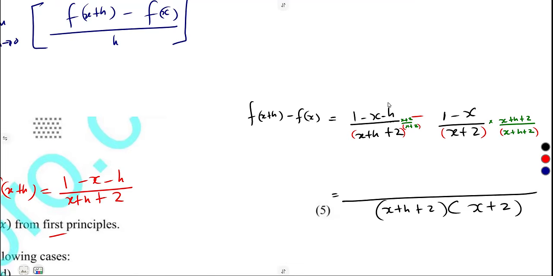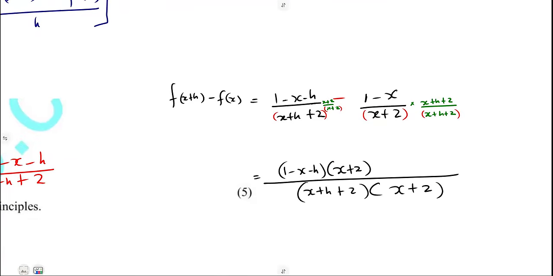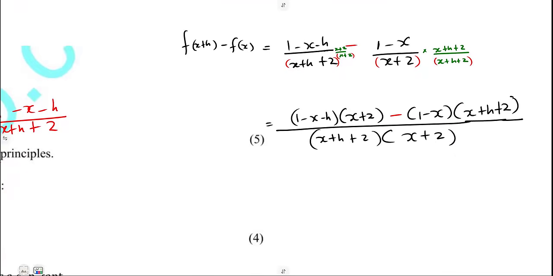So we just take the numerators as they are. That's 1 minus x minus h into x plus 2. Okay, minus, there is a negative. Then we take the numerators as they are, so that is simply 1 minus x into x plus h plus 2, like this. So that is what you're going to have from the simplification.